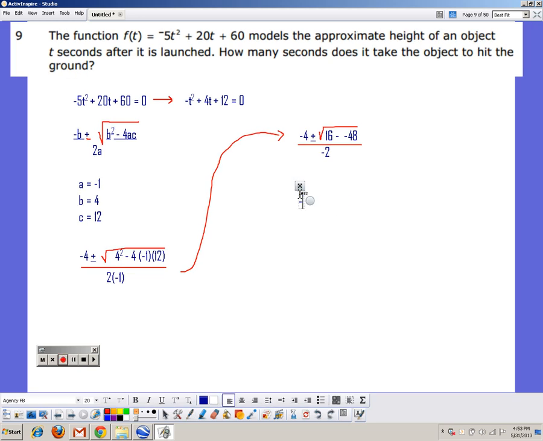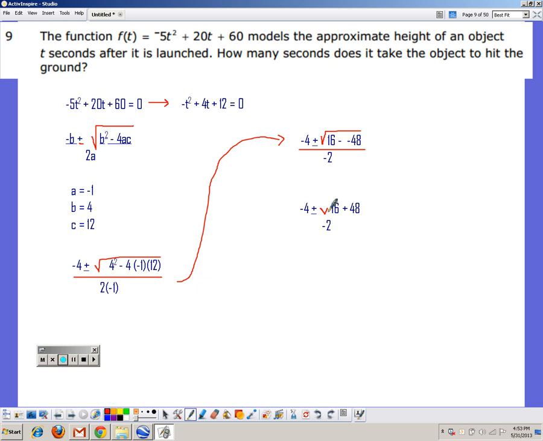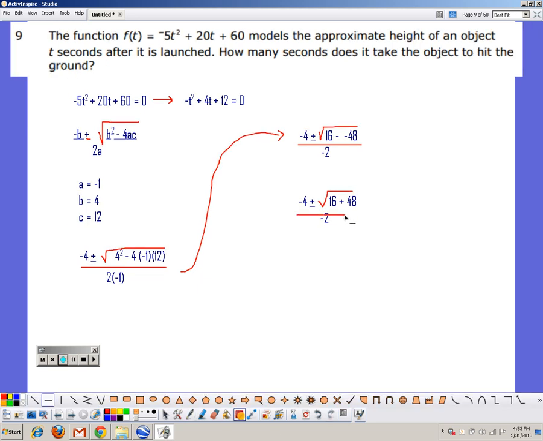So again, that will give you negative 4, and if I simplify what's underneath the brackets, I have 16 plus 48, all of that over a negative 2. And I'm going to go ahead and simplify all of that.